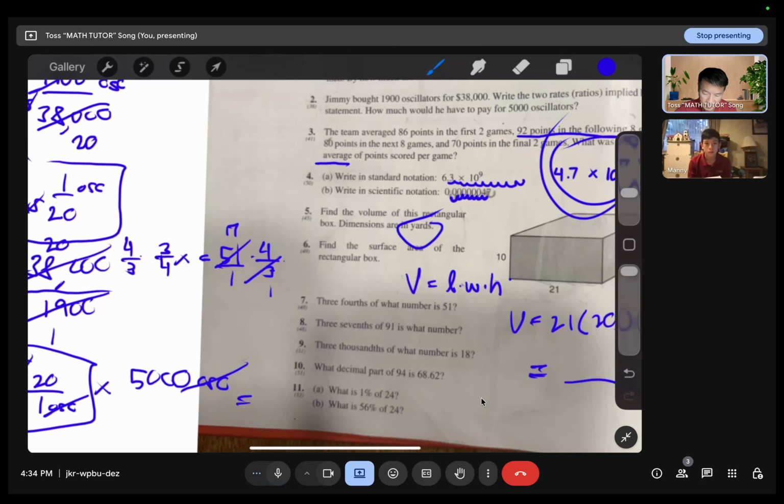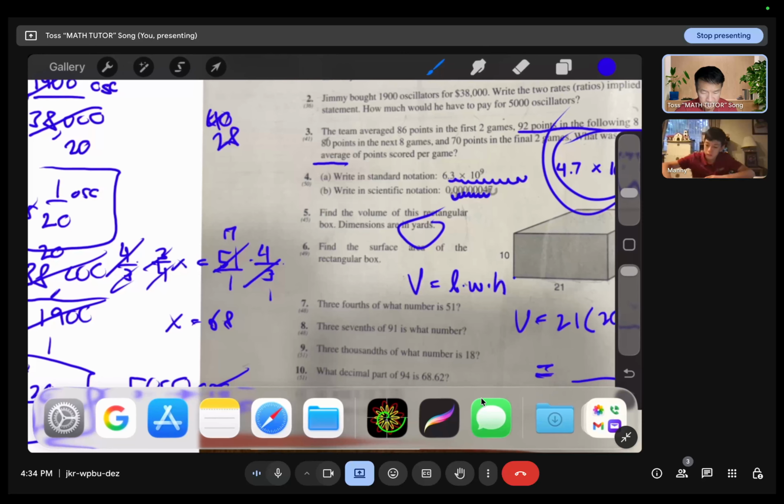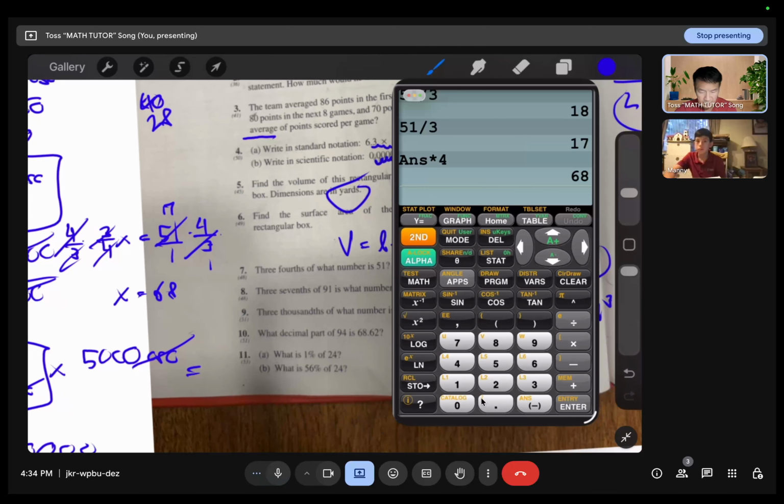So 17 times itself one time, all of that cancels. X, you're left with 17 times 4, so it's 40 and 28, so it's 68. So I'll double check that. You want 3/4 times 68. That's it. Good job.